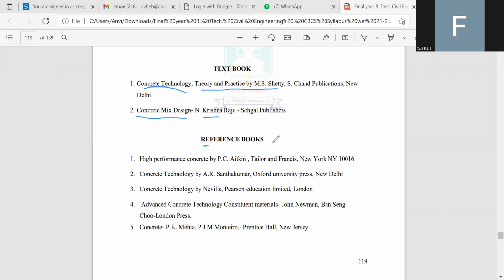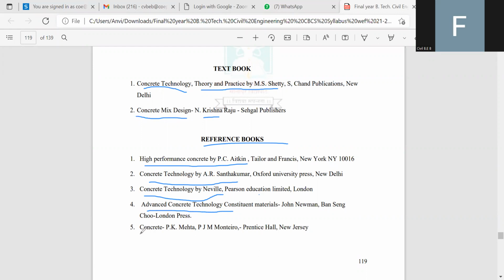Then reference books are available. The reference books are High Performance Concrete by P.C. Aitcin, then Concrete Technology by A.R. Santhakumar, then Concrete Technology by Neville, and the Advanced Concrete Technology book.